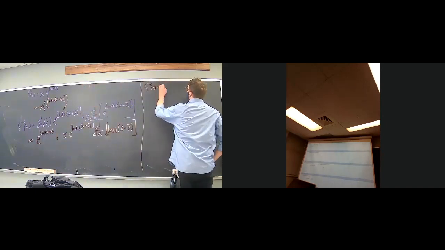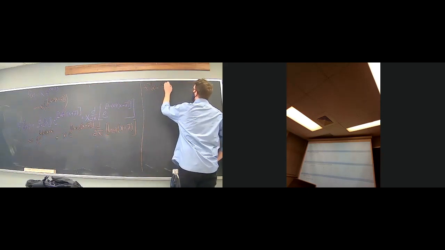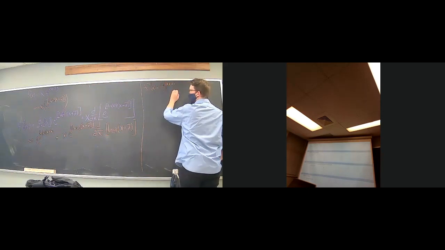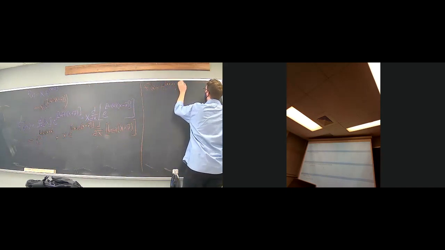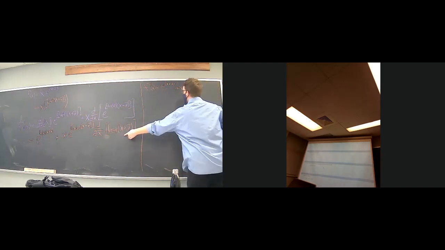So we're going to have 4 to the x plus 7 plus, hold on, let me rewrite that. x times 4 to the x plus 7 times the ln of 4. Right? Everybody agree?